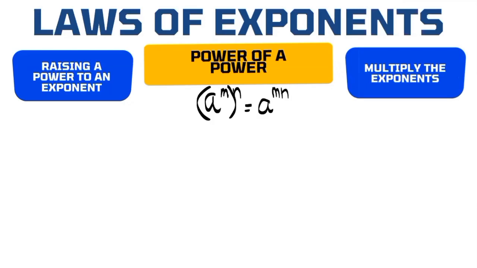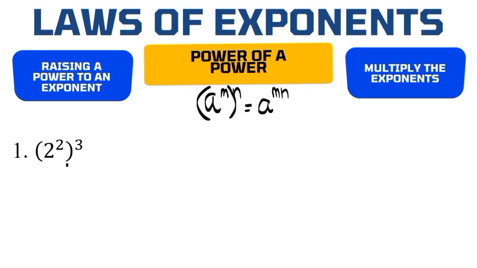It says here that when you are raising a power to an exponent, you have to multiply the exponents. So when letters or variables are placed beside each other, it means that the operation is multiplication. Let's have our first example.